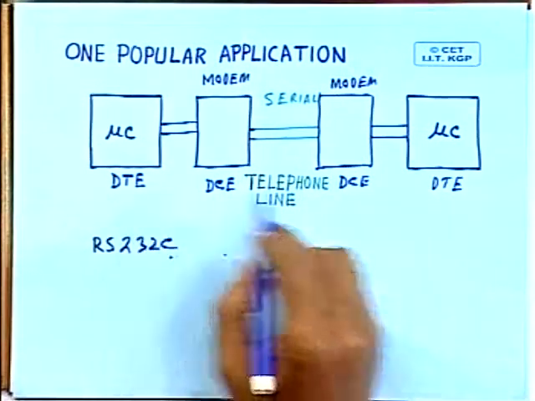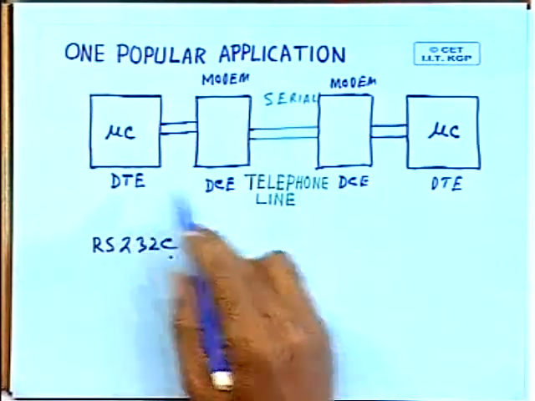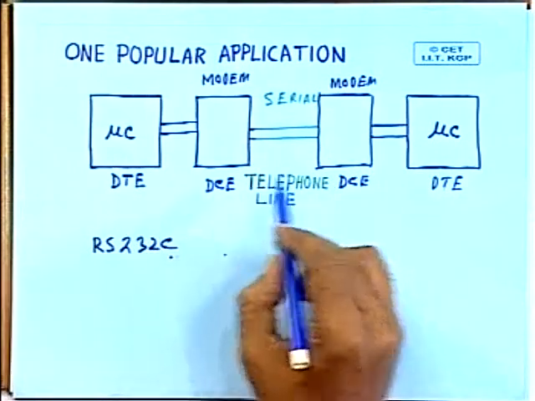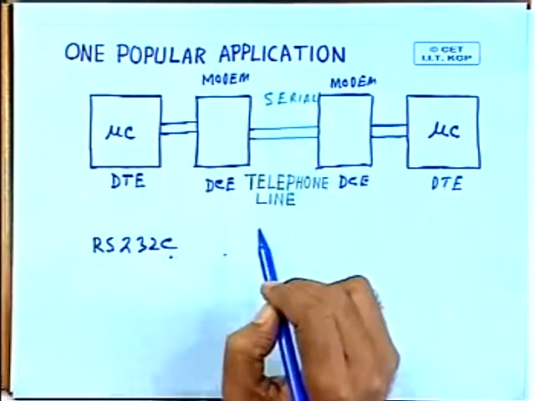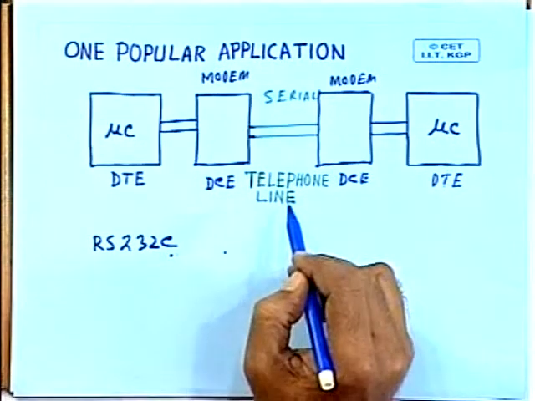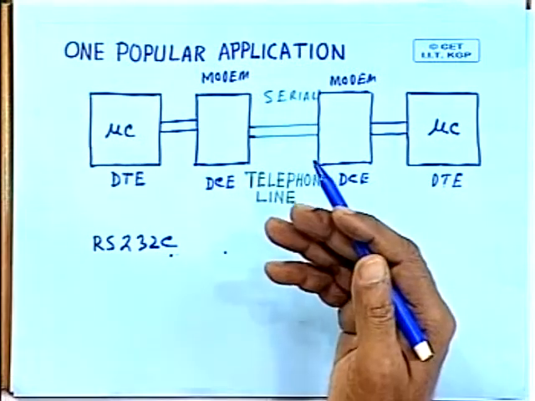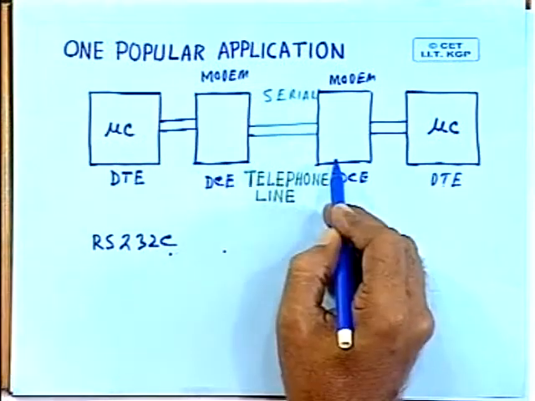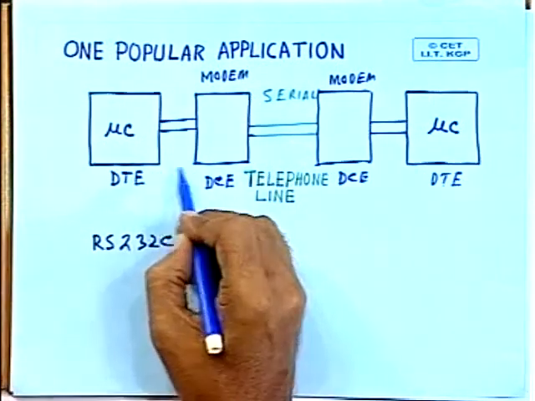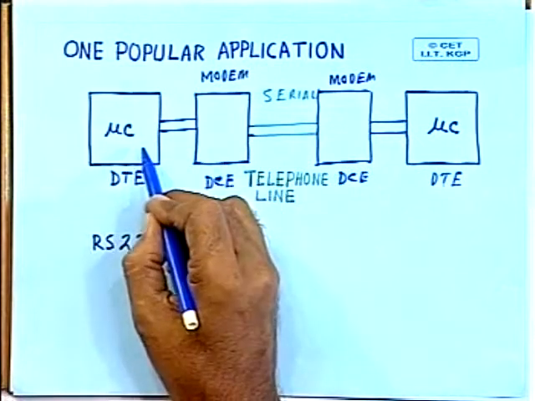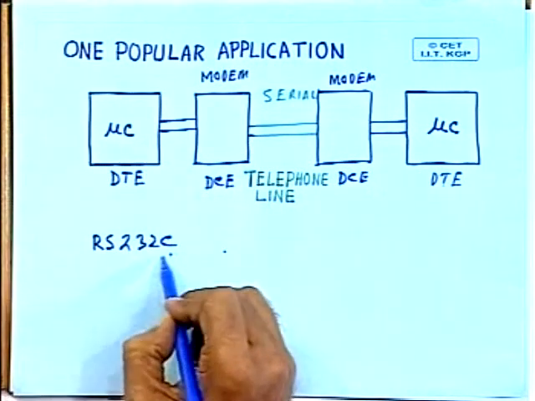So two data terminal equipments are communicating through a serial link. It can be a telephone line, it can be a leased line, it can be a satellite link, or anything. Through the modem the communication is being done, and the interface between the modem and microcomputer is RS-232C.